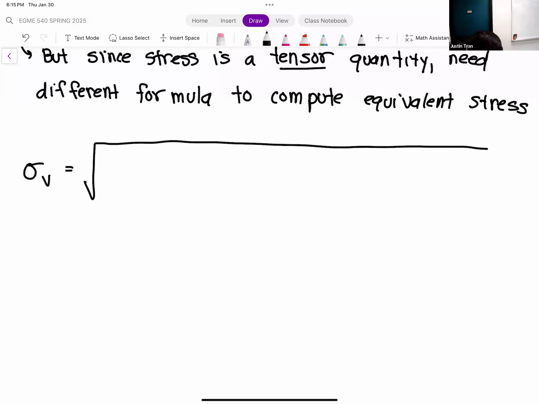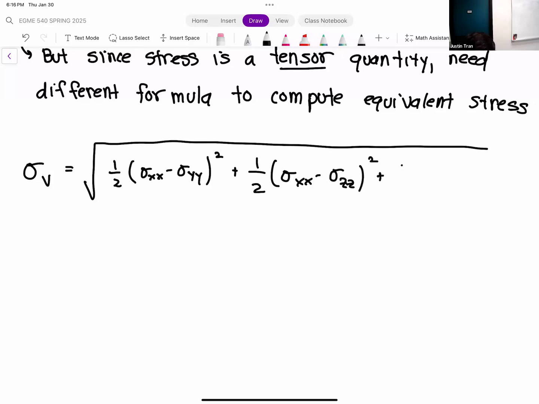And this is multiplied by 1/2 of sigma xx minus sigma yy quantity squared, plus 1/2 sigma xx minus sigma zz quantity squared, plus 1/2 sigma yy minus sigma zz quantity squared. Okay, so that's all the normal components of the stress.